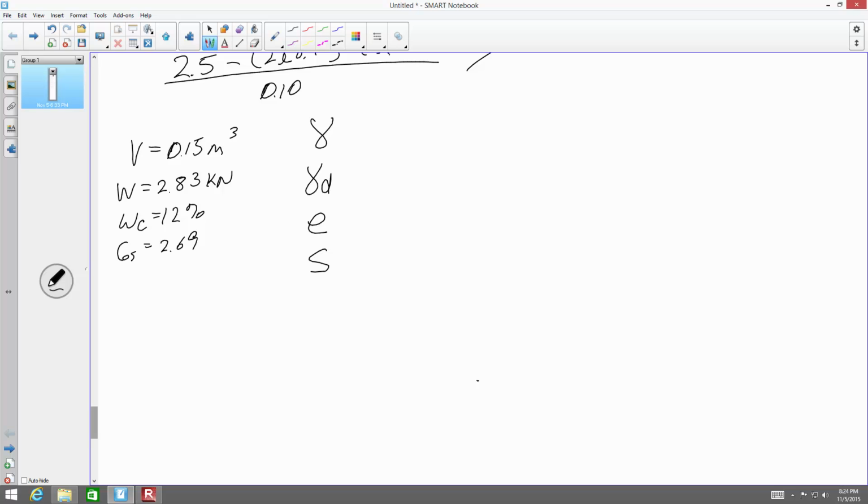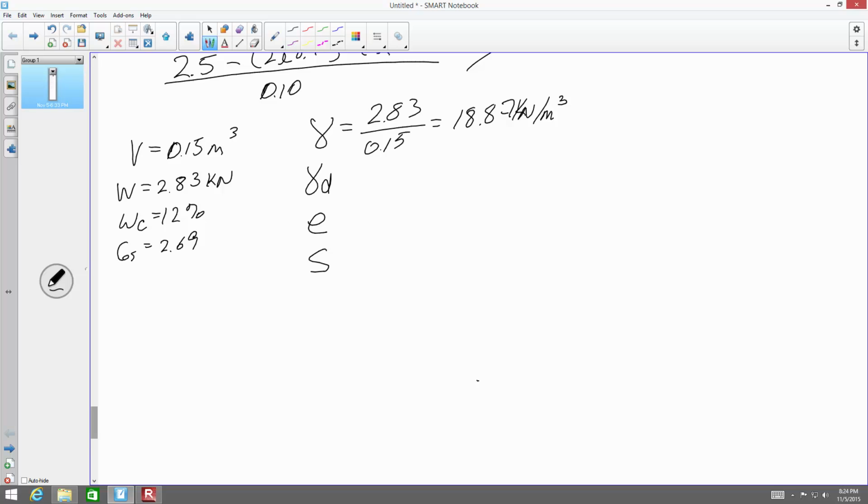So what's the unit weight? 2.83 over 0.15, 18.87 kilonewtons per meter cubed.